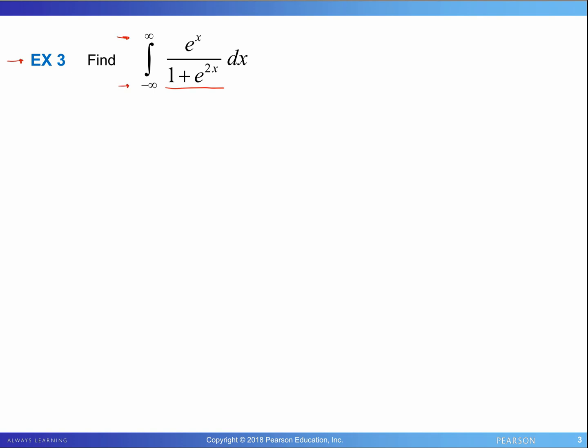When you see this negative infinity as the starting point and positive infinity as the end point, you know right away that this is improper integral type 1, with both negative infinity and positive infinity on the integral.